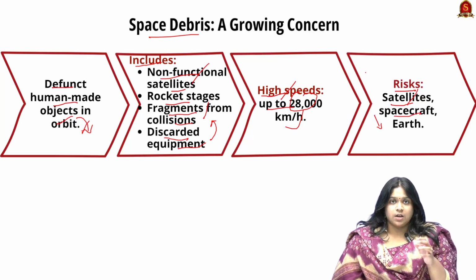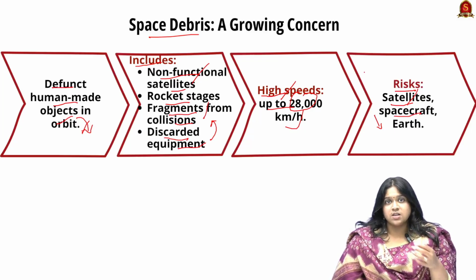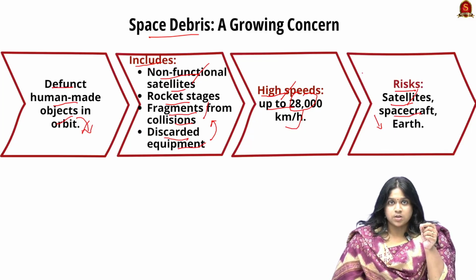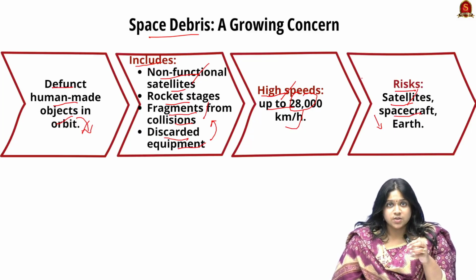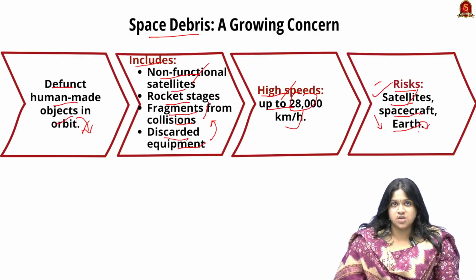Even if astronauts are outside their space infrastructure or satellite, a small space debris which affects their suit can bring in a hole in the space suit they are wearing, where within 5 seconds the astronauts would be losing their life due to the absence of gravity. So these are all the concerns related to the space debris, and also sometimes the space debris can reach the earth, where it has even more concerns.